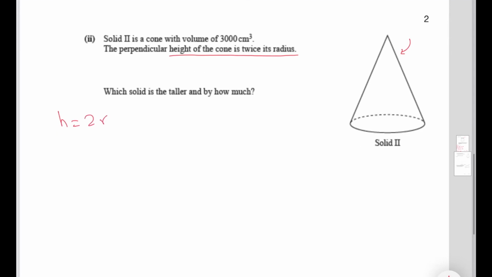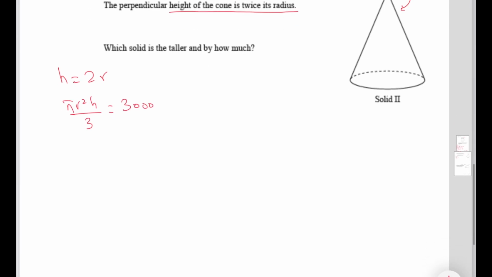So how do we find the volume? The volume is given to us. However, we plug the formula in over here, which is pi r squared h over 3. This should be equal to 3000. When we do pi r squared times h, which in this case is 2r, this is equal to 3000 times 3.